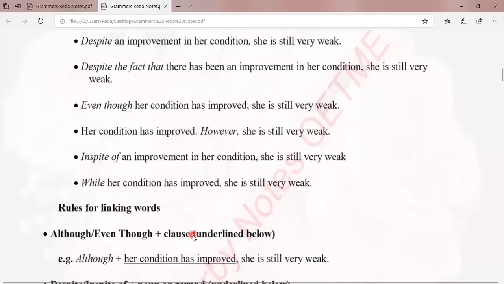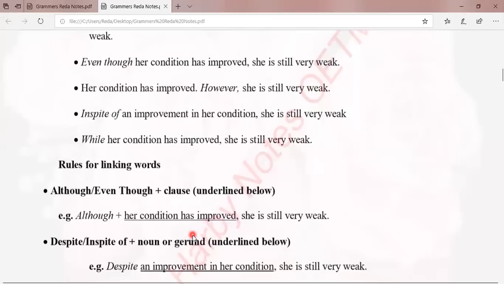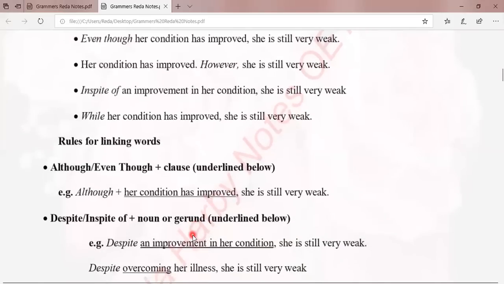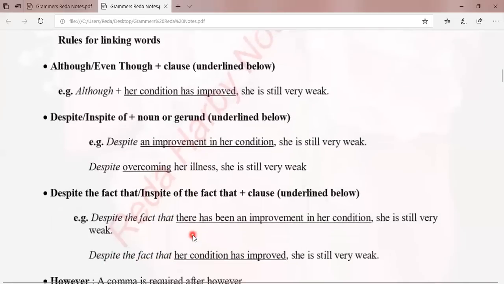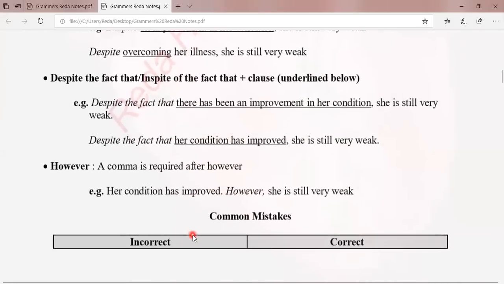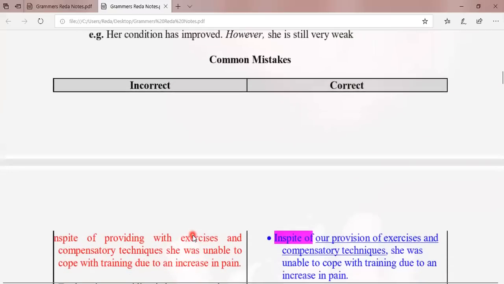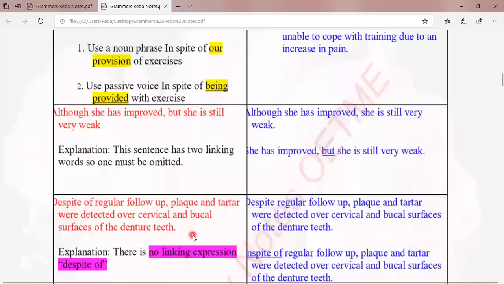Don't make your letter dry, not exciting for the reader to read. Although her condition has improved, she's still very weak. This is the common mistake, in spite of versus despite of, but try to use what's common for you.